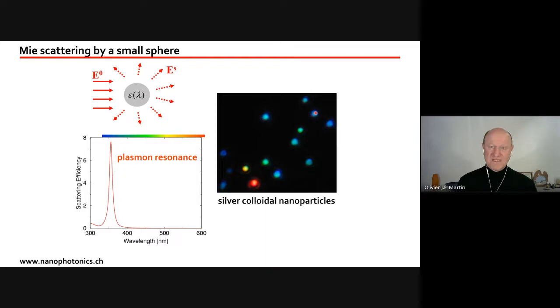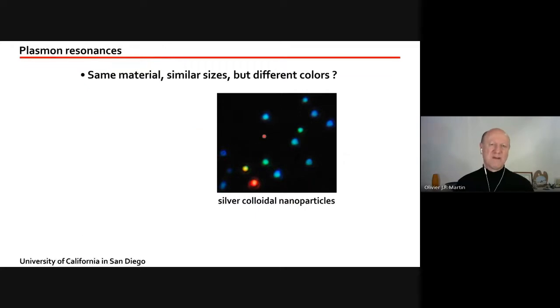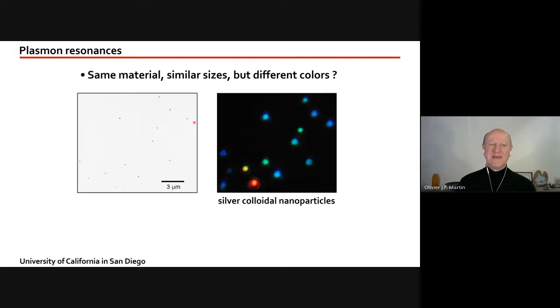But very surprisingly, you also see that some appear green, some yellow, or some even red. And these are all colloidal nanoparticles that are all the same size, about 50 nanometers. So to try to understand what was going on, when I was at UCSD, we took the same image in an electron microscope and magnified as much as possible these nanostructures.